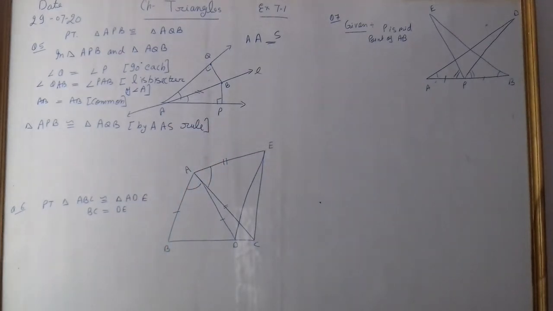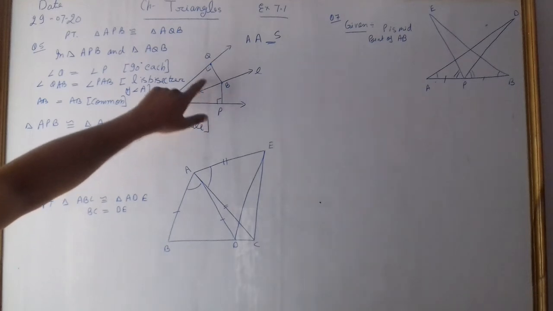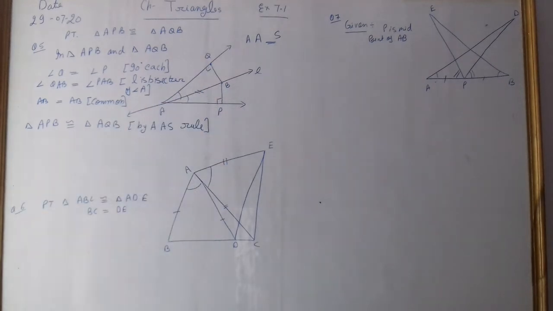Now see this. If these two triangles are congruent, then what can you say about BP and BQ? We have proved these two are congruent, so the remaining parts of the triangles are also equal to each other. Can you tell me the name of the property by which we can write that?